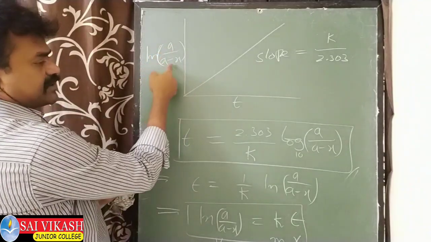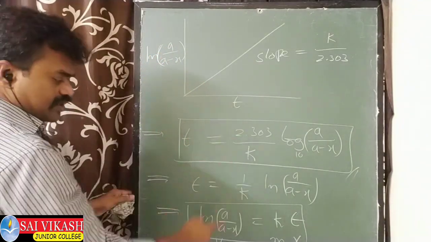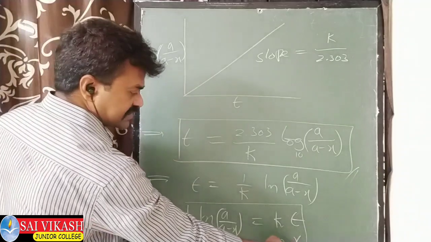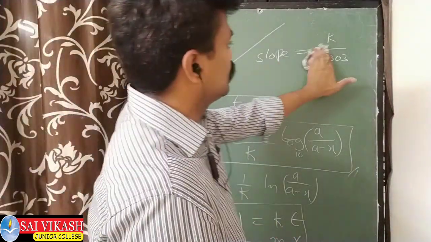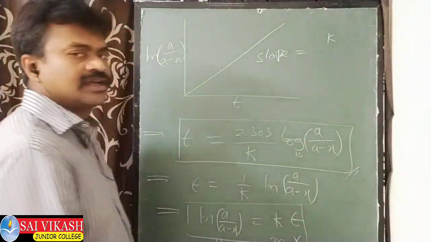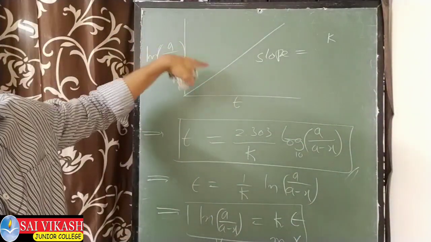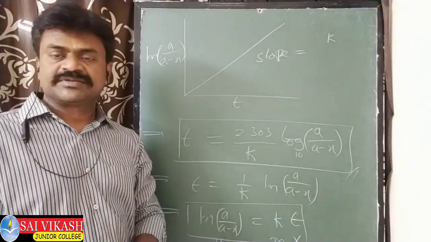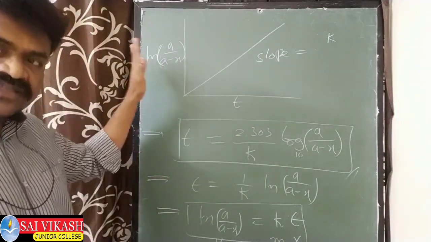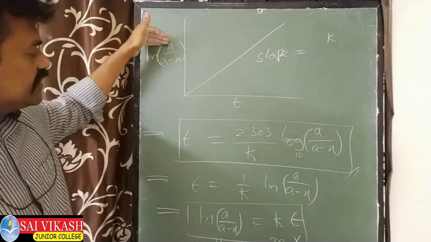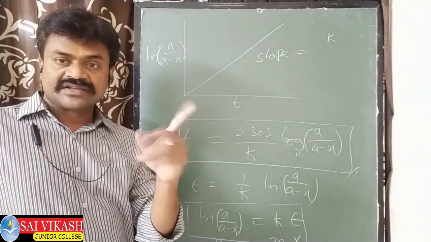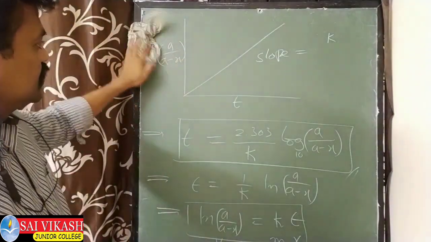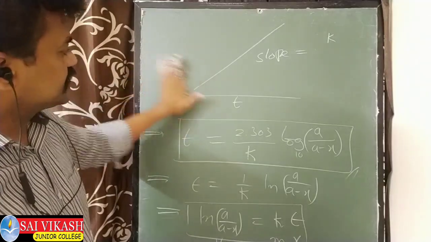So ln a by a minus x versus time. The slope we are getting is k. Straight line passing through the origin, only the slope changes because we have drawn the graph between ln a by a minus x versus time. Like this, graphs are there, and some other graphs also, a series.